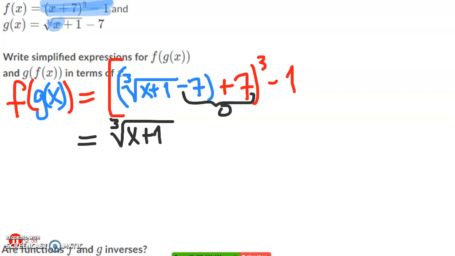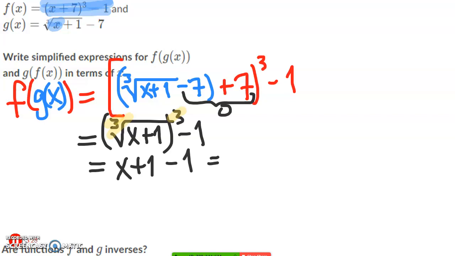This right here equals 0. So it's gone. Okay? And we know that a cube root and a cube cancel each other out. So now we have x plus 1 left, and we know that equals x. Okay? So there's my answer. x.